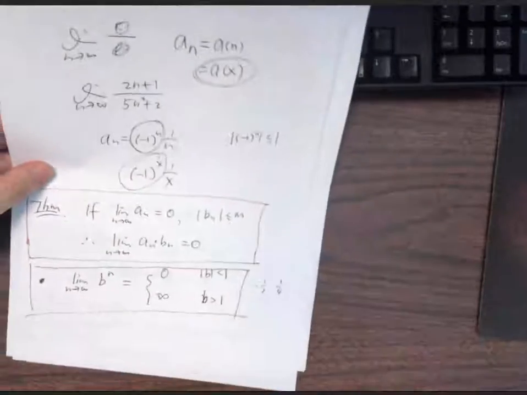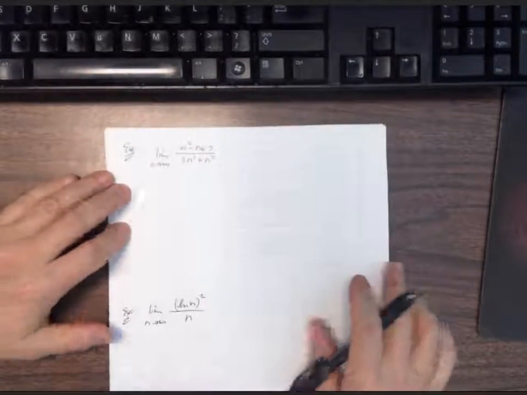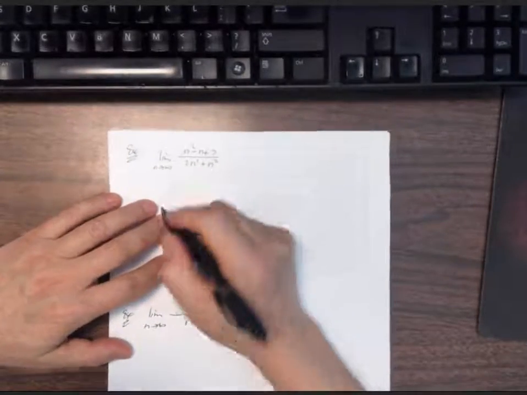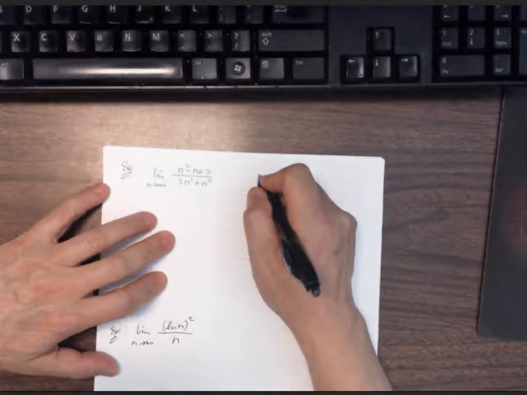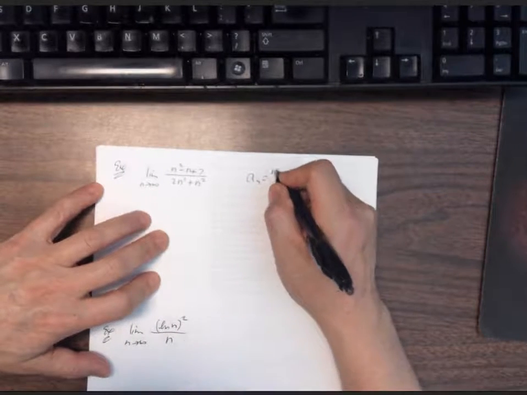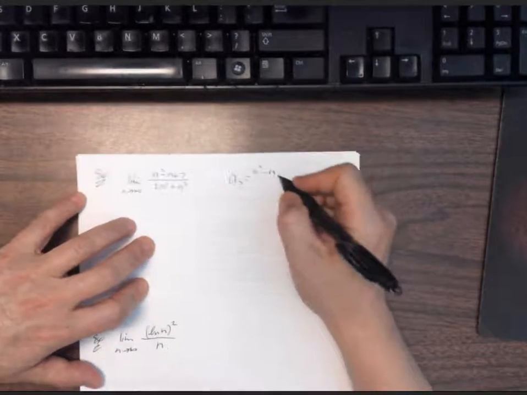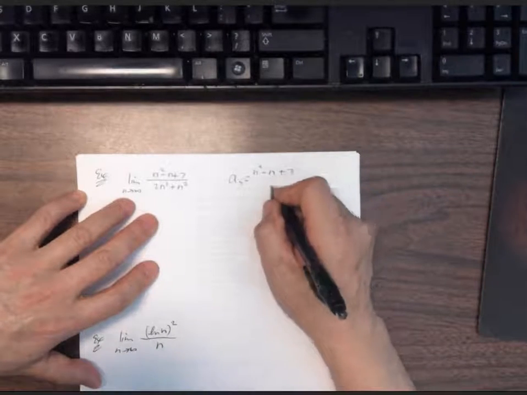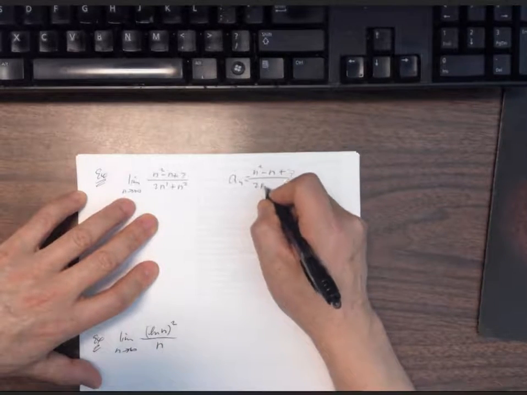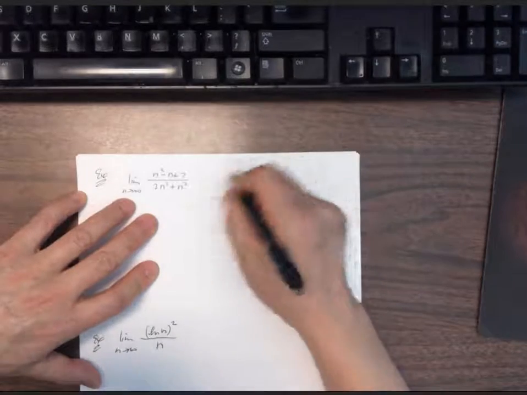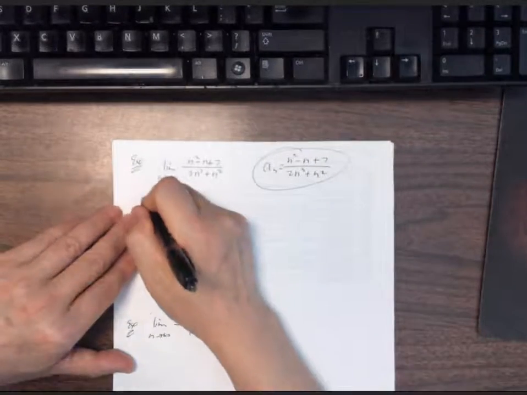Alright, now let's see some examples. Limit of a sequence. Here our sequence is a sub n equals n squared minus n plus 7 over 2n to the third power plus n squared. So what's the limit?